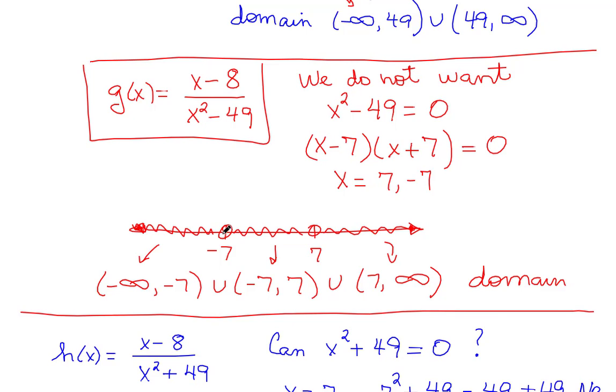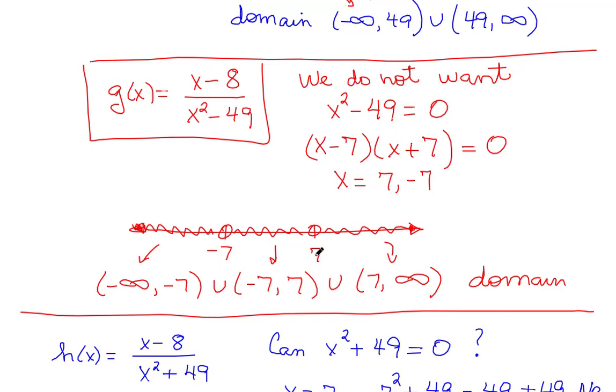So on my number line, that's removed, but everything else is okay. There's a left part, a middle part, and a right part. The left, minus infinity to minus 7, parenthesis, because it's an open dot. I got the middle stuff, which is minus 7 to 7.